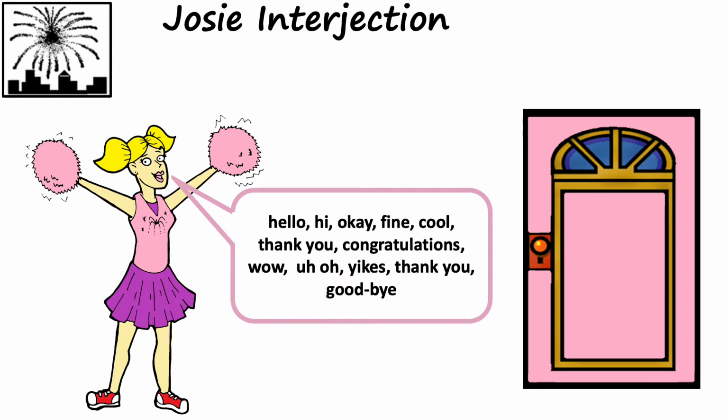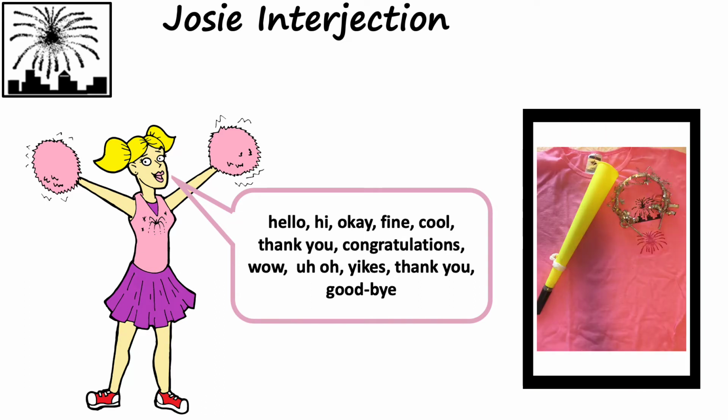She's a surprising girl, a girl of few but very important words. Her words are interjections. She'll have you dress up to match her outfit, having you put on a pink t-shirt and a sparkling headband that looks a little like fireworks. Plus, she has a toy megaphone because she likes to talk using it.